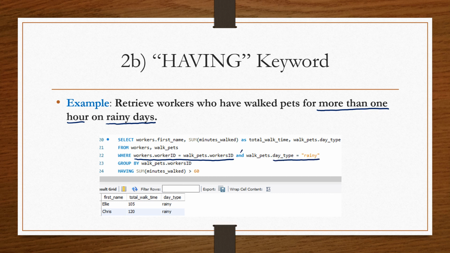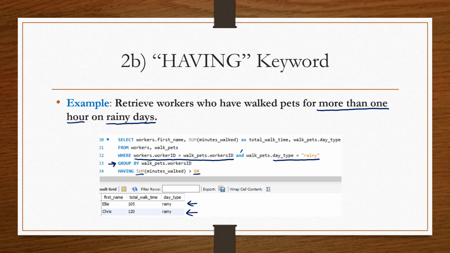Now we are grouping by worker ID because we want to know how much time each worker spent walking pets. Here we're going to sum all the minutes walked by each worker ID, and if those minutes are greater than 60 minutes, or an hour, then they're going to be retrieved in this result.